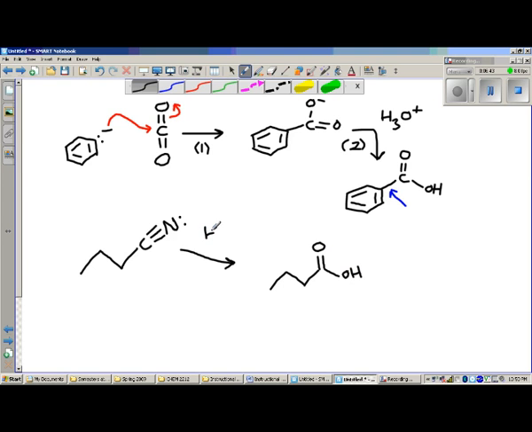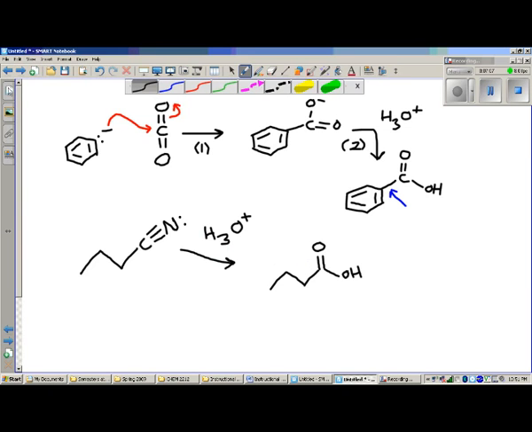You can actually undergo nitrile hydrolysis simply by throwing the nitrile into acid. The actual mechanism of this is somewhat involved, and it's several steps, and that's going to be the subject of my next video. But for right now, this is one other reaction to go from a nitrile to an acid.